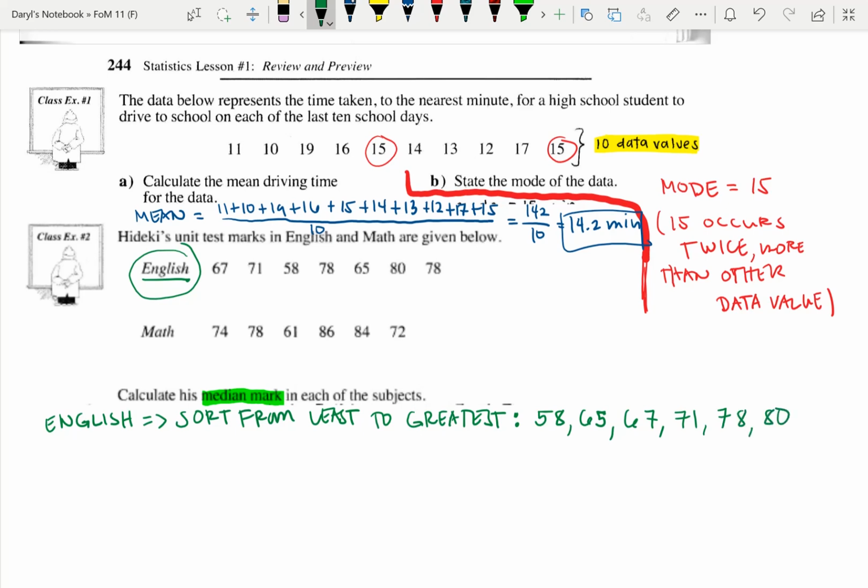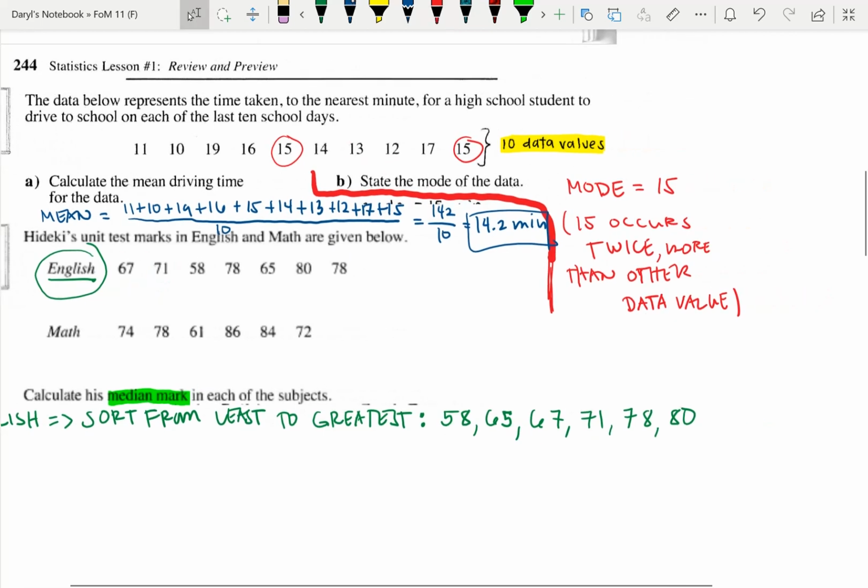then 80. So if you can see here, well, how many data values do you have? You have 1, 2, 3, 4, 5, 6. Well, I missed another 78 here.